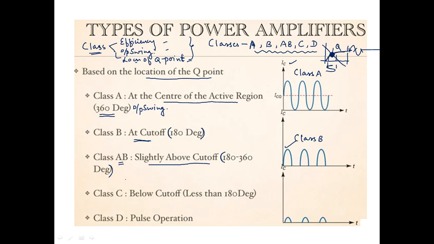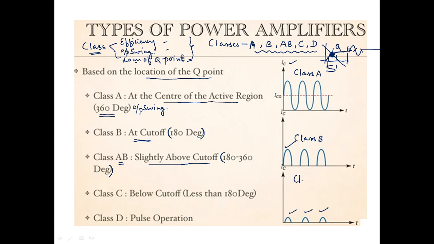So a class AB amplifier possesses characteristics in between those of class A and class B. And you can also observe the output swing here.